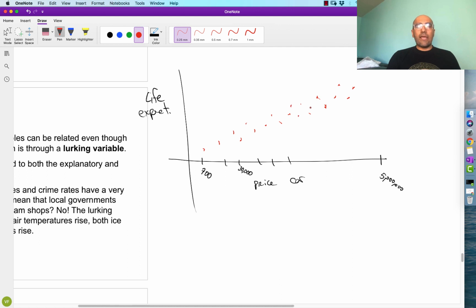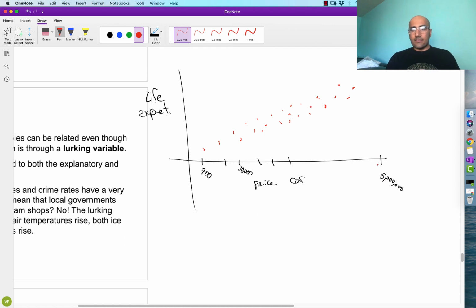Right? There is a very strong positive linear correlation between the price of the car you drive and your life expectancy. Initially that seems counterintuitive, because if you think of these hypercars, they're not really very safe. They go really fast. You get in a car accident, you get totaled.